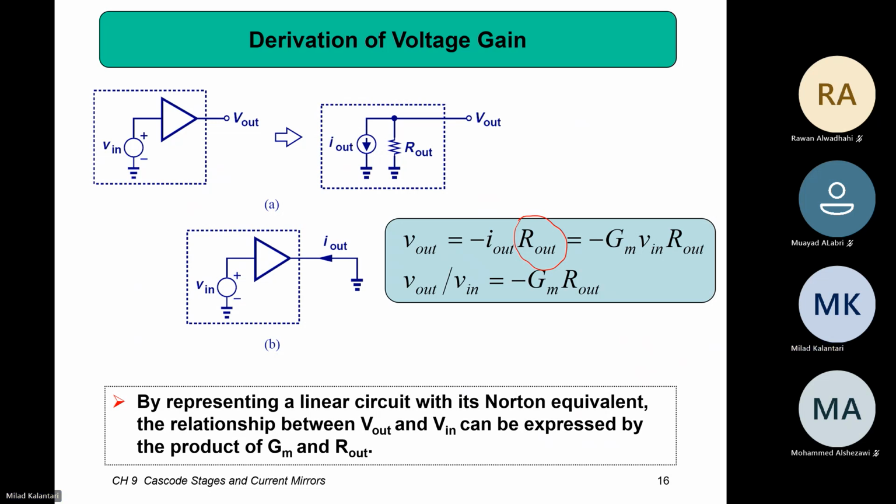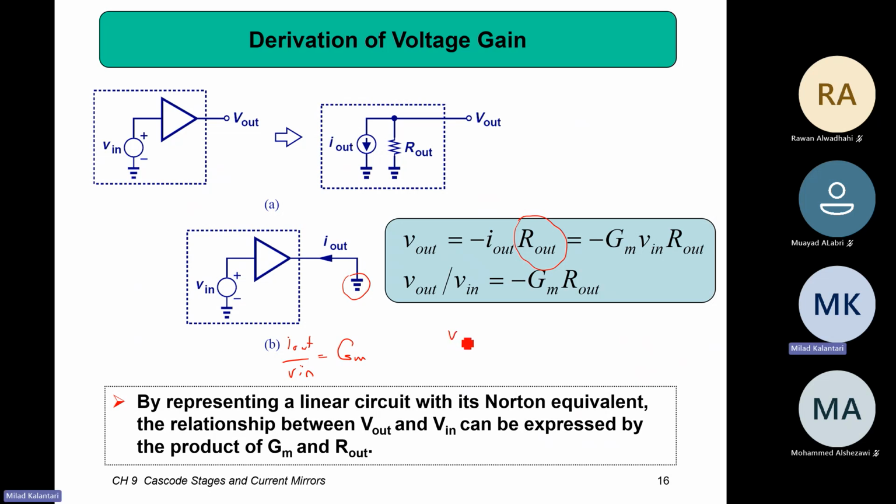You basically break it into two parts. First of all, you make a short circuit at the output. You try to find the GM. The GM tells how much I out it will generate once you have the V in.